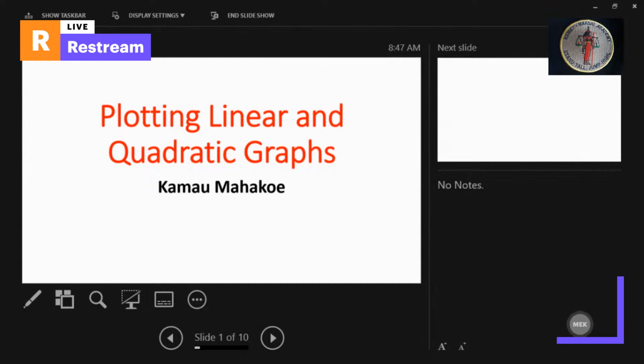Remember that the linear graph will give you a straight line, and that's where we get the word linear from, right? From line. How do you know a linear function? The highest power of the variable, usually an x, will be 1.